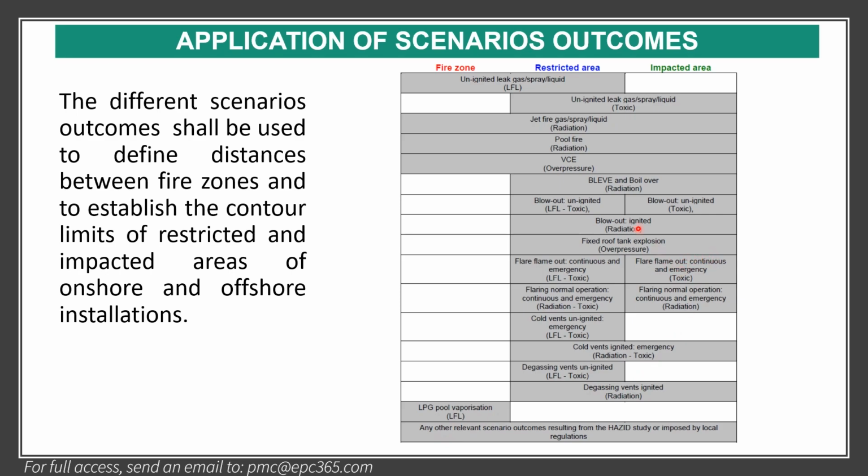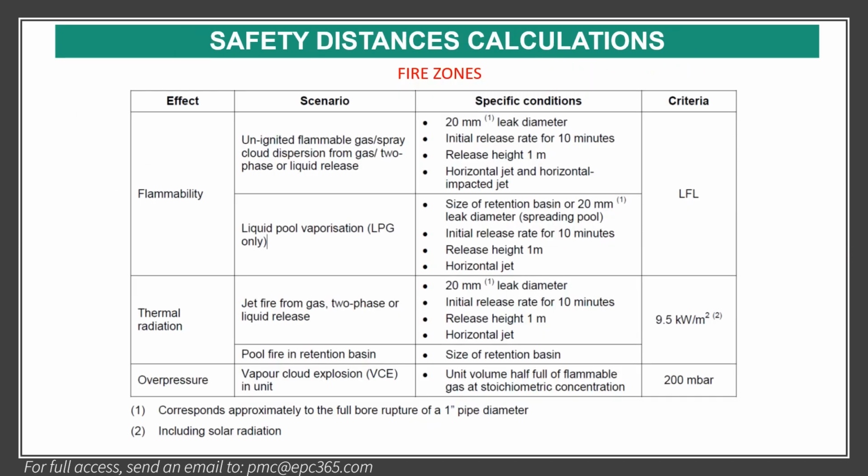You have to know which scenario we take for calculations of the fire zones. For the fire zones, we have to look at the flammability, and this is for LFL. For thermal radiation it is 9.5, and normally we use a 20 millimeter release. A 20 millimeter release is basically a credible scenario, because most of the flanges have a release of around 7 millimeter.